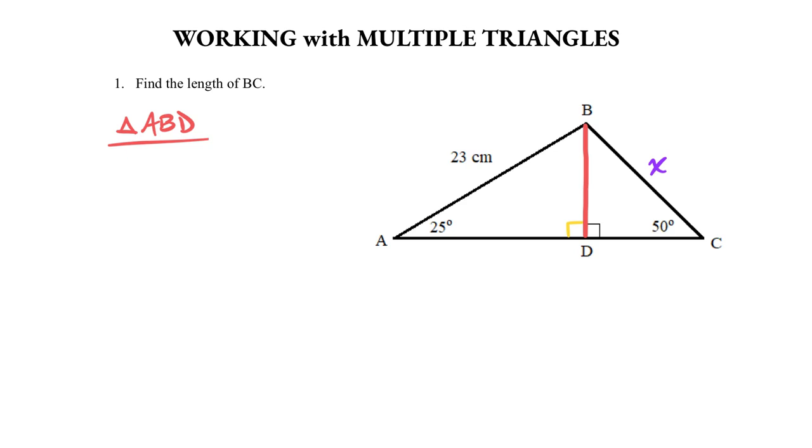And what I want to find is side A. That's my shared side, which would allow me to solve for x. So from my angle's perspective, side A is opposite. I was given my hypotenuse, opposite and hypotenuse. There is my sine ratio. So the sine of 25 is equal to A over 23.